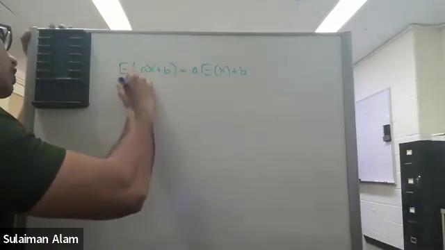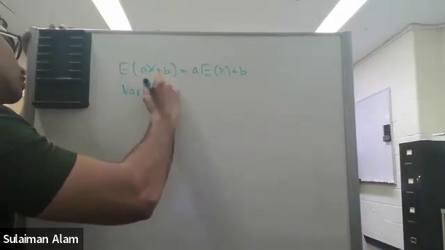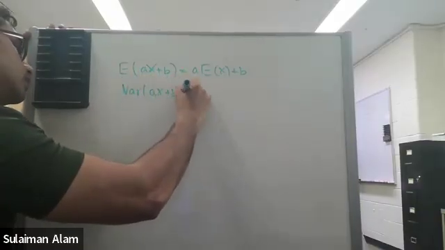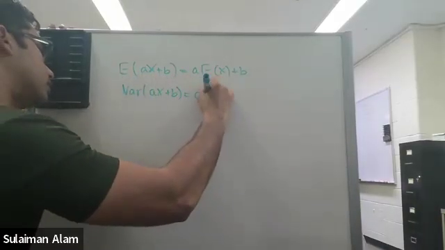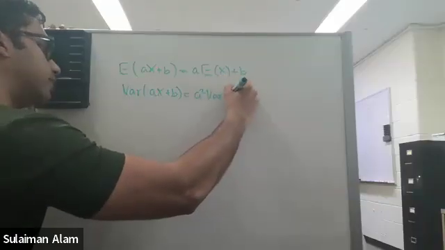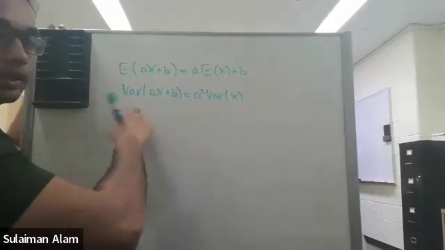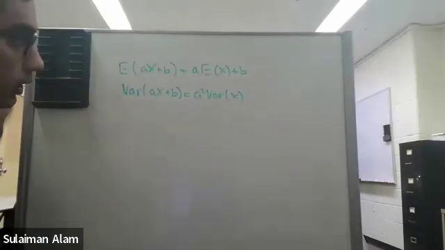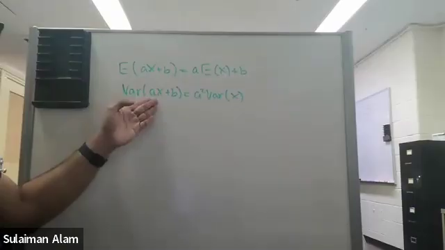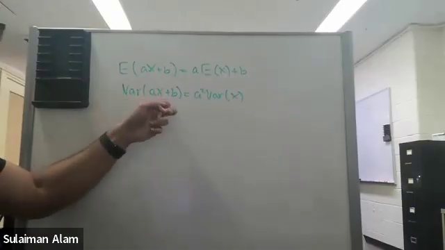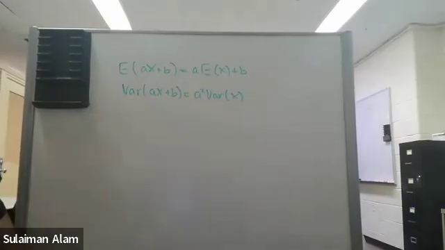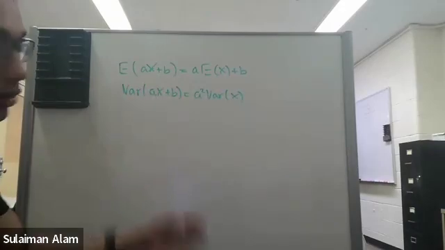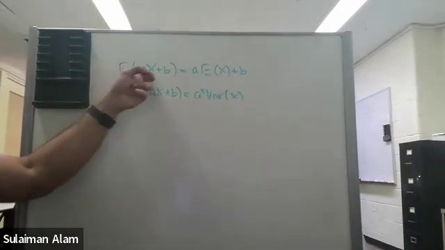Whereas the variance of AX plus B is A squared times the variance of X. The variance isn't linear, because the A is squared when you apply it. E of AX plus B is linear.